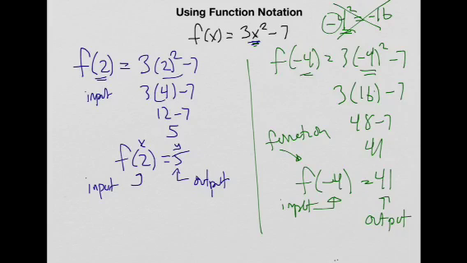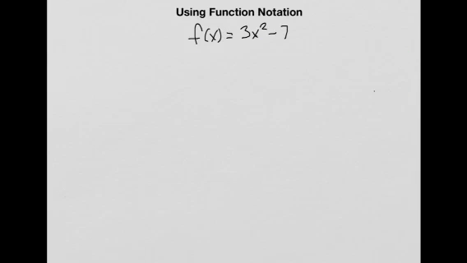I can also do some funky stuff with this. Let's try this one. I want to know what f of x plus 1 equals. What do you mean f of x plus 1? What are you messing with other stuff with? Well, it's really doing the same type of idea. This x plus 1 is the input, so it goes everywhere there's an x.